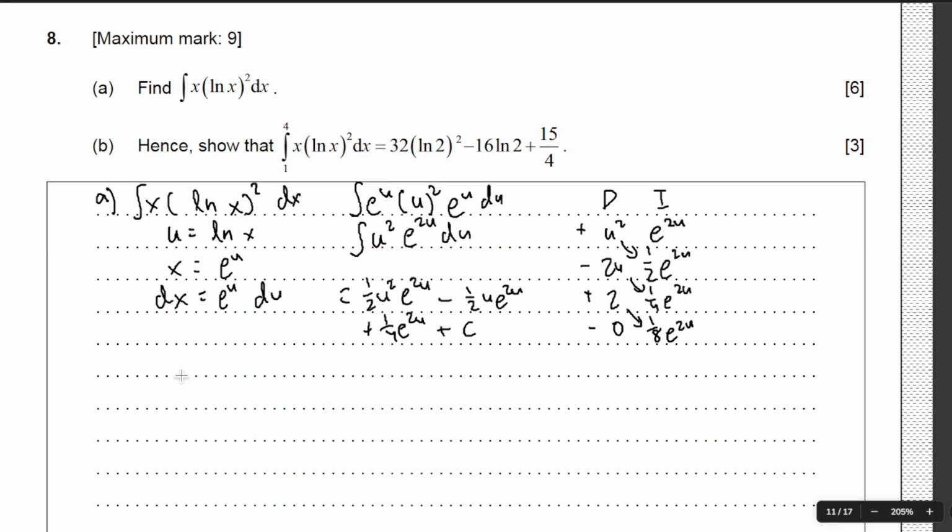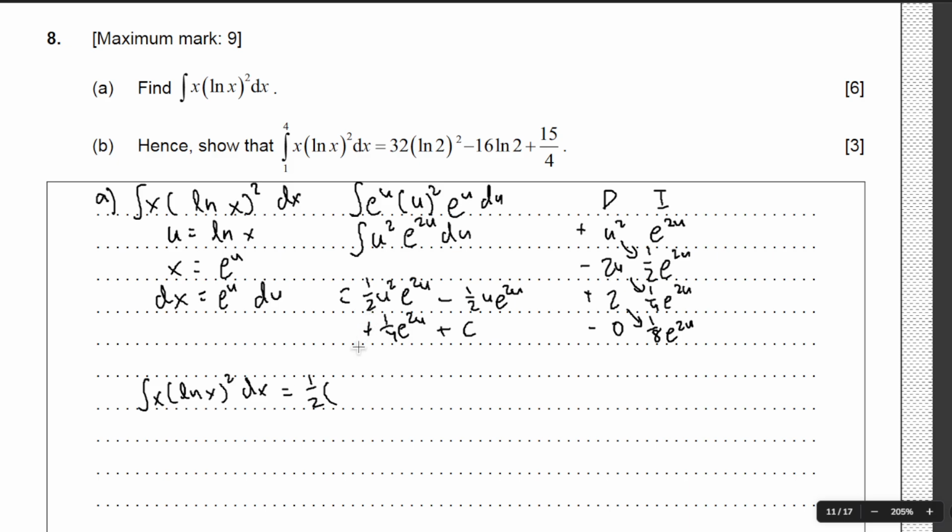So our indefinite integral of x (ln x) squared dx is equal to 1 over 2, and let's bring this back to the x world. We have our x values, and we put this in here.